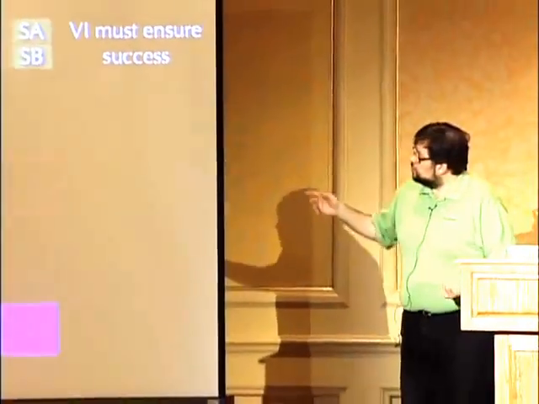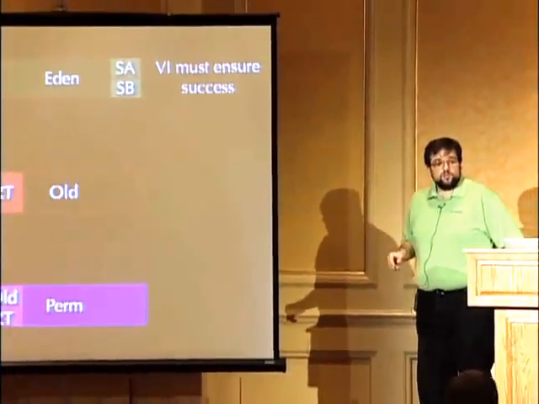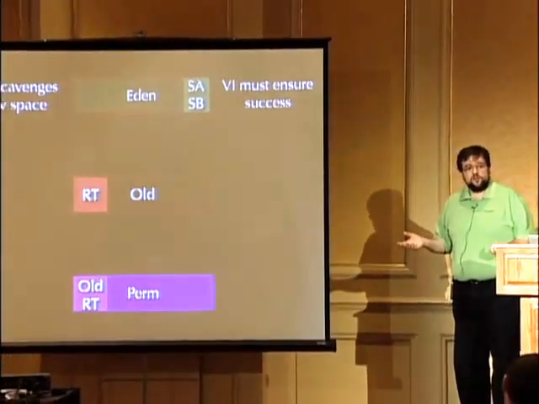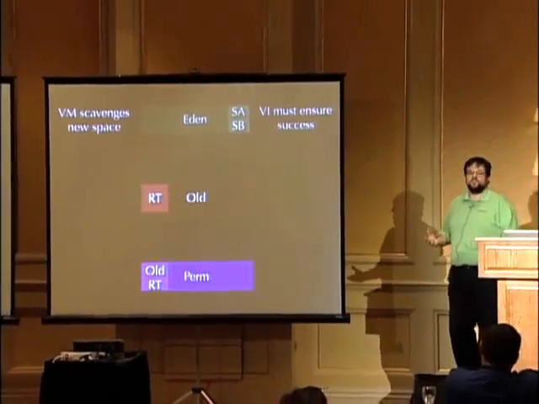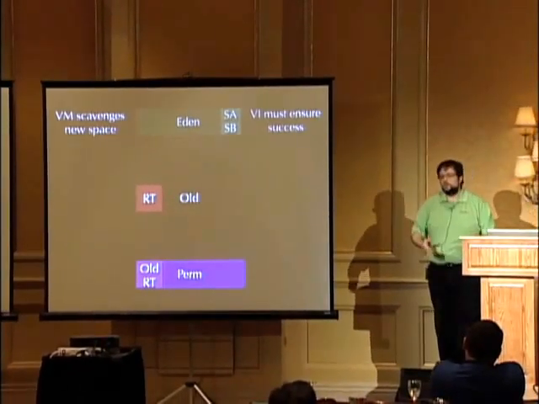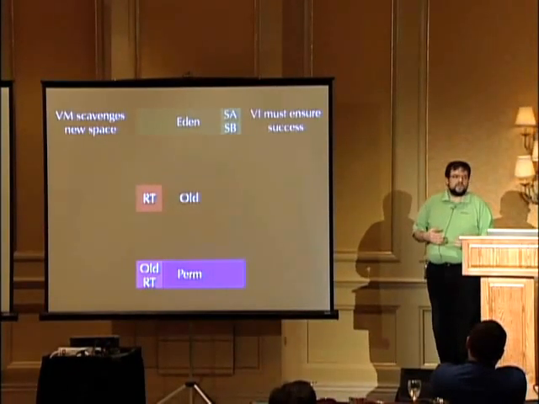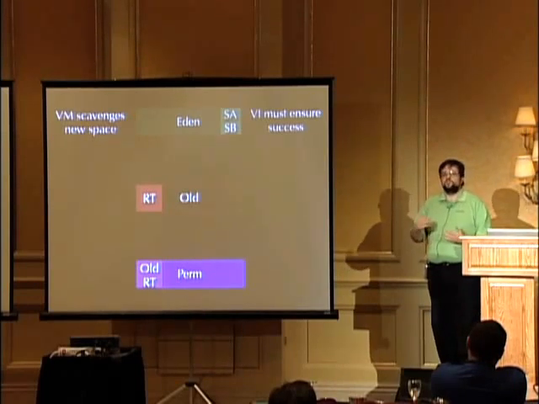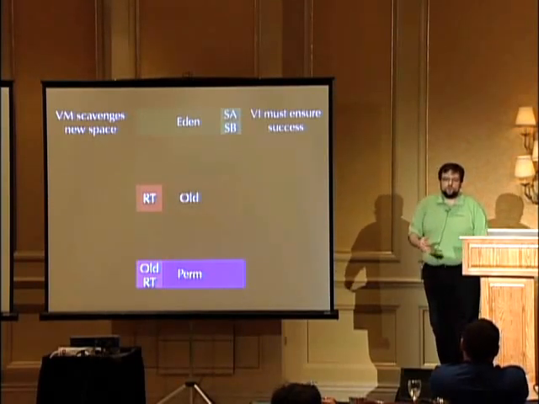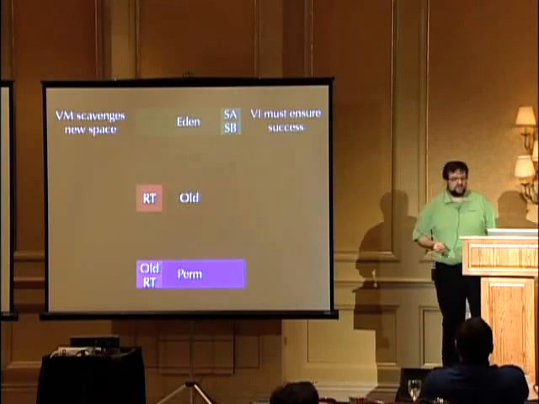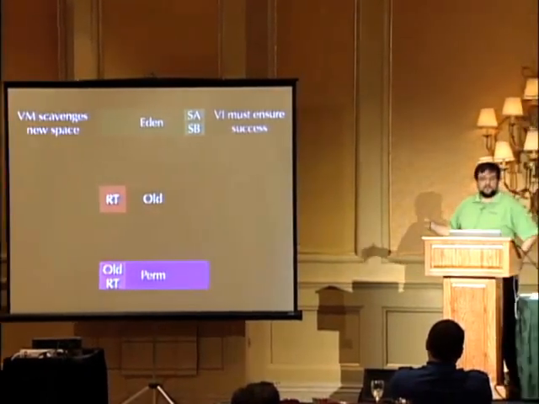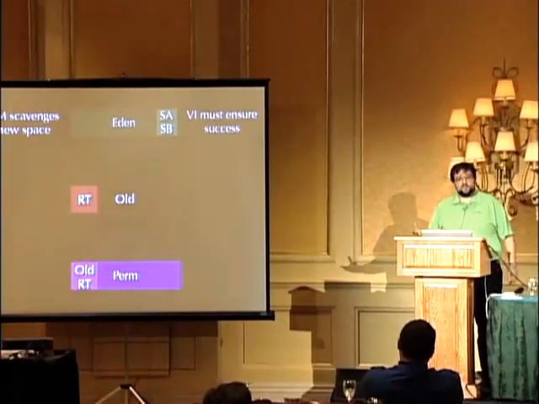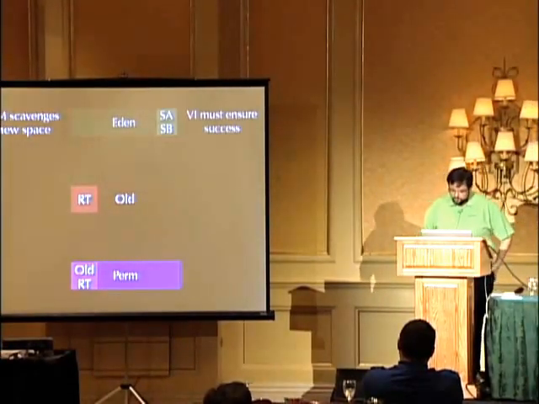And why could scavenge fail? Well, because there might not be enough space in old space to hold whatever it is that we're going to tenure. So we're going to let the image deal with that, because then the image can decide, okay, there's not enough space. So for instance, the image might say, I'm going to GC, or I'm going to grow, or I'm going to bring up an emergency notifier, or whichever. The image decides. And the good thing about that is that then applications can decide what to do.